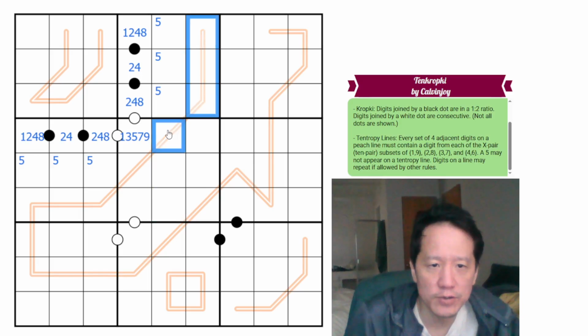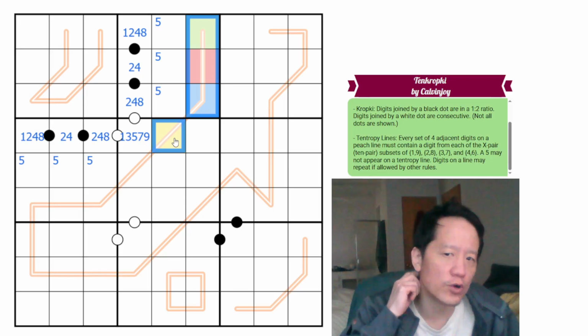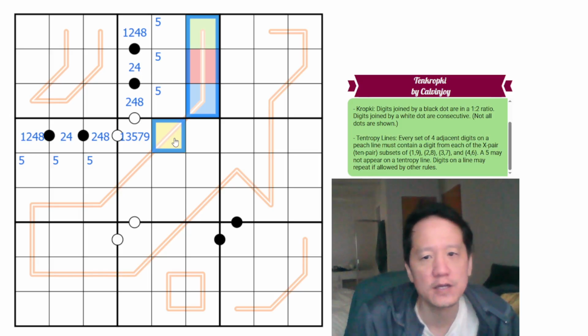Let's just start coloring this long Tenkropki line. We're going to make it, I don't know, green, red, yellow, and blue. So these all have to be, let's make that blue. And this is yellow. These all have to be different sets, right? Because you have every 4 adjacent digits on a peach line has to have one from each of these sets.